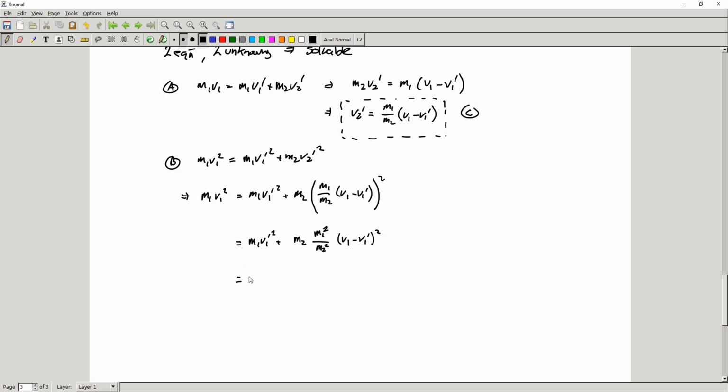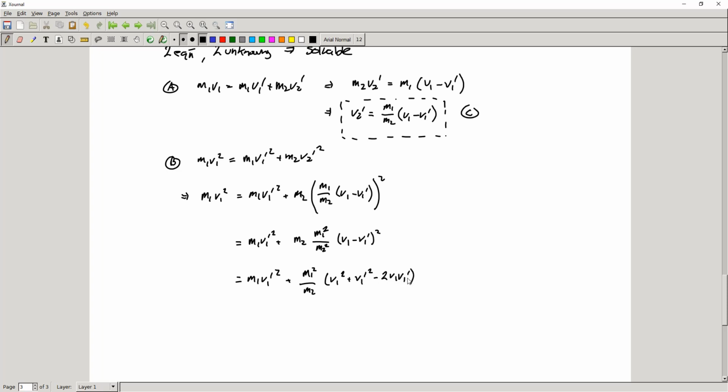So we can continue to simplify m1 v1 prime squared plus, and we're going to have this cancellation here of one of the m2's. So we're going to have m1 squared over m2, and then we have to FOIL out these brackets. So we're going to end up with a v1 squared plus v1 prime squared minus 2 v1 v1 prime, right?